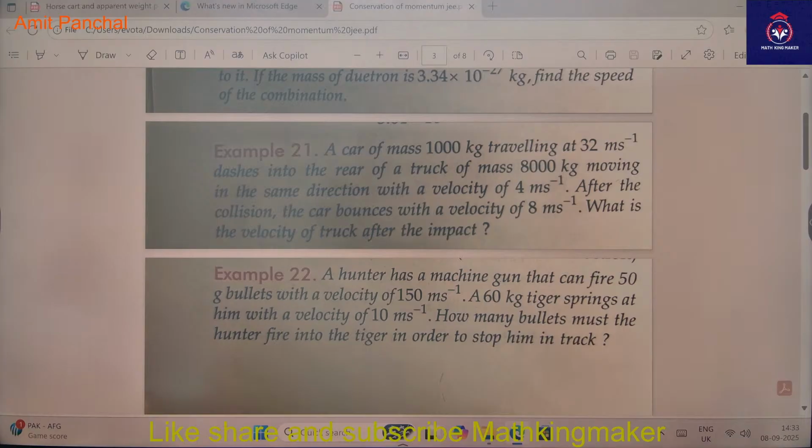Doing 21? I need to draw the diagram for this first. First of all, draw the diagram.